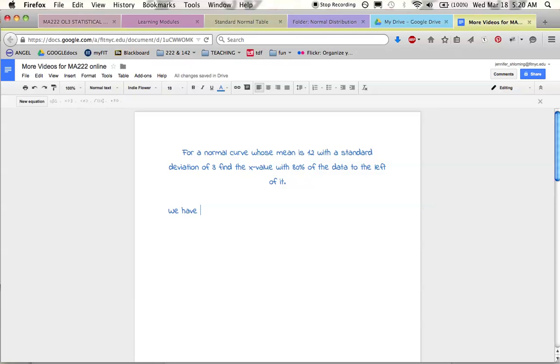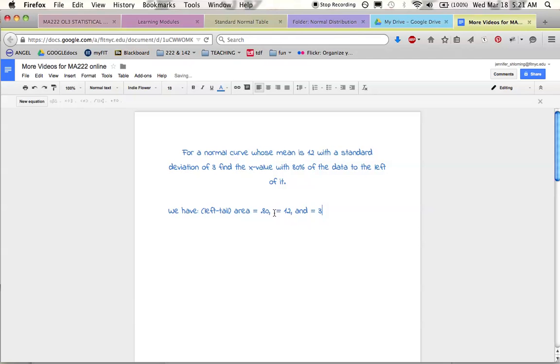Alright, so what do we have? This is what I like to do, just step by step. The area, which is a left tail area, is 80%, 0.80. The mean mu is 12, and the standard deviation is 3.